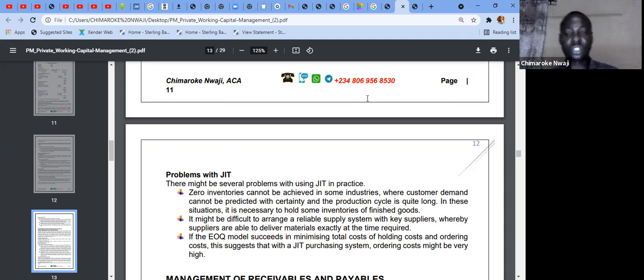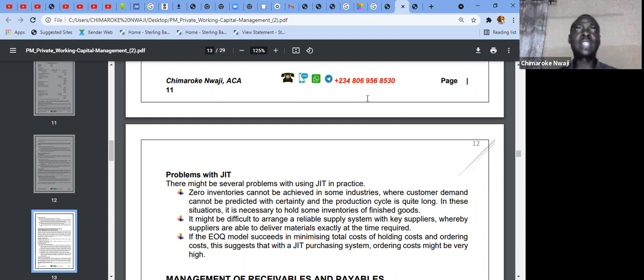What have we discussed today? We've talked about management of inventories, and talked about the economic order quantity. We saw how we derived it. Then we talked about how, with economic order quantity, you will minimize the ordering and holding costs.